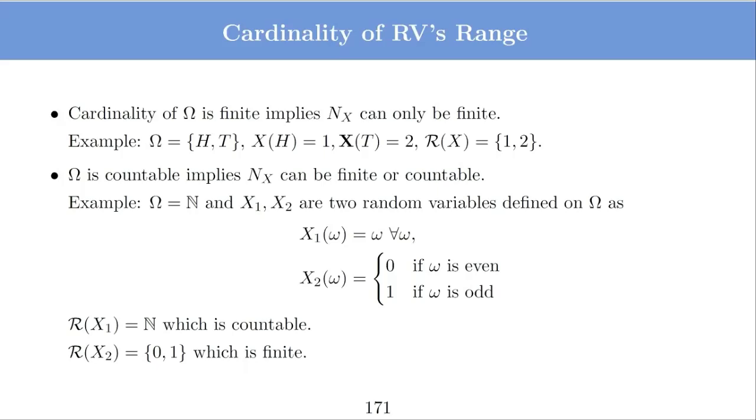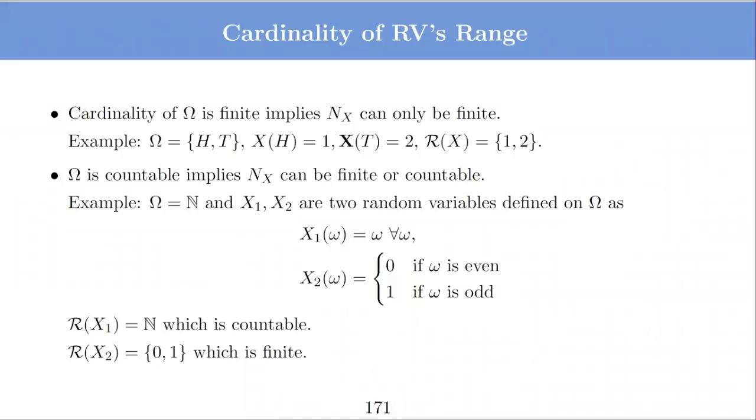Now suppose omega is countable. Let's say omega is countably infinite. Then nx can be either finite or countably infinite. So let us take this example. Omega is equal to the natural number set. So it represents an experiment where you pick one natural number, any number.